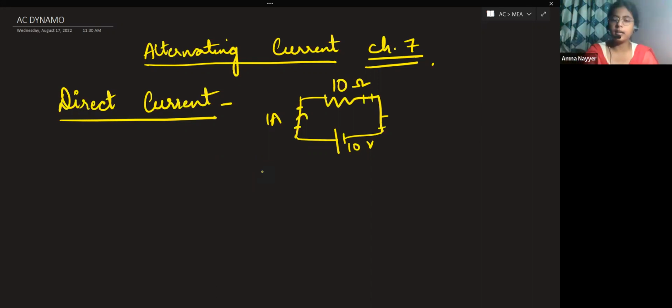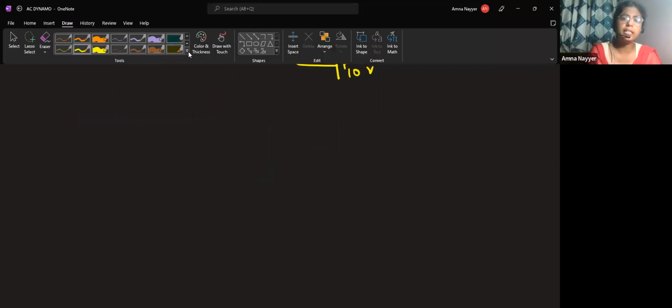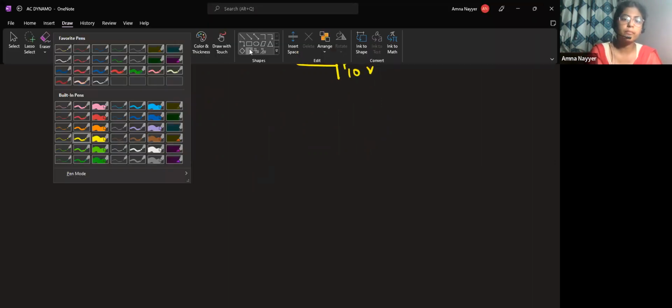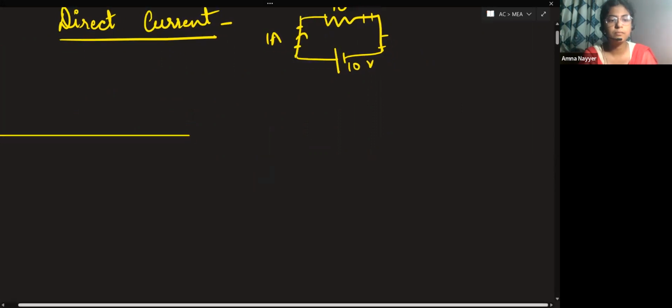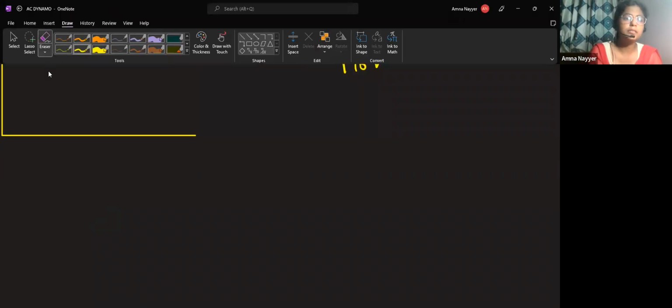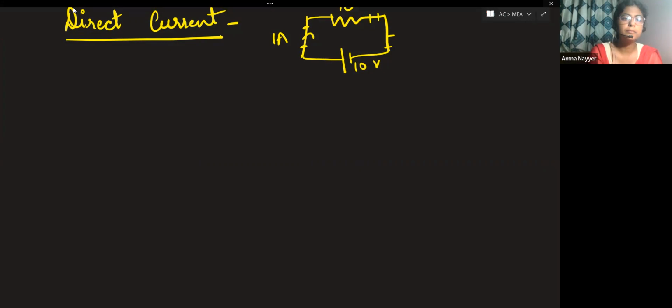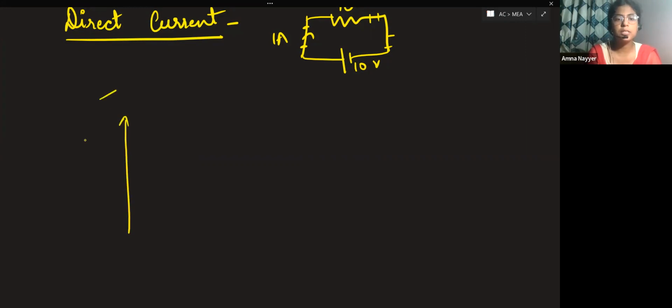That was the direct current, which you have studied till now. Even if you plot a graph of direct current, this is your current versus time.